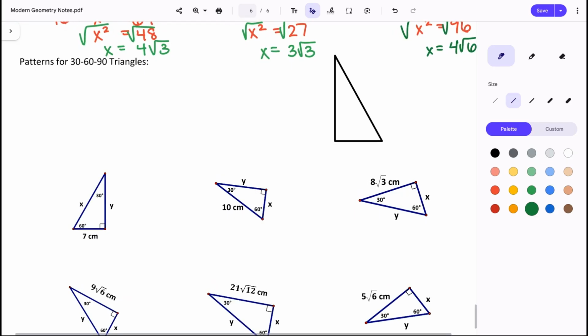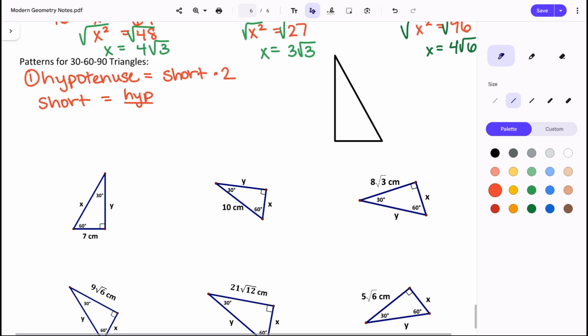So a couple of things that I noticed when we did 30, 60, 90 triangles is that the hypotenuse was always equal to whatever the shorter leg was times 2. And my shorter leg was always going to be whatever your hypotenuse is divided by 2.